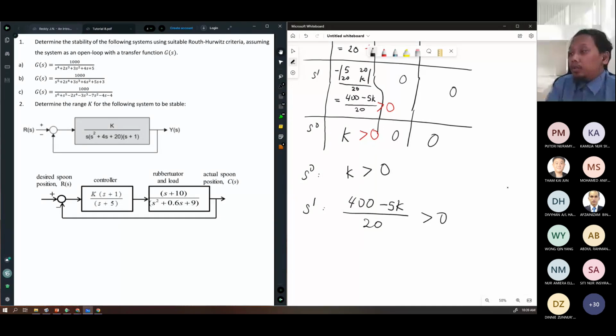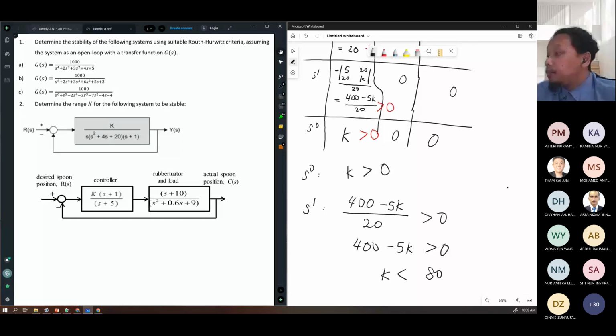So now let's determine the value of K. You will get that K must be less than 80.